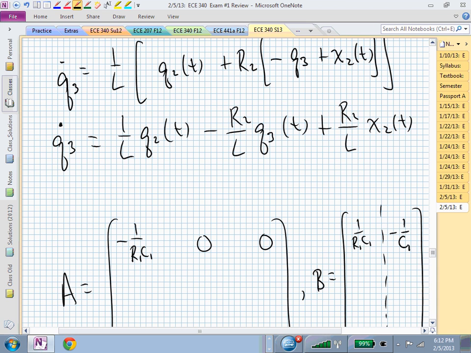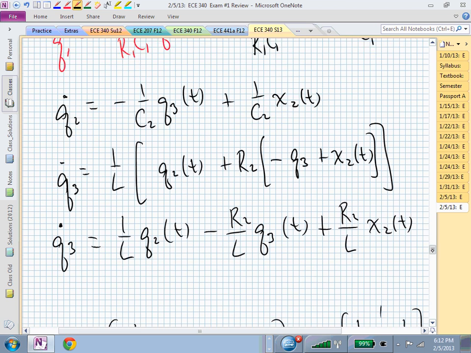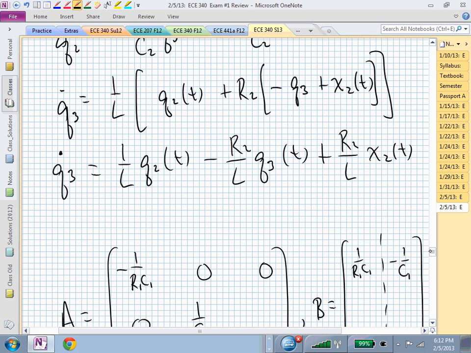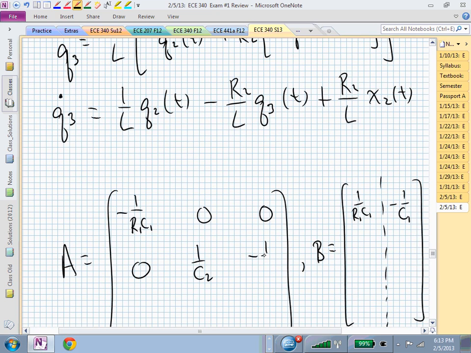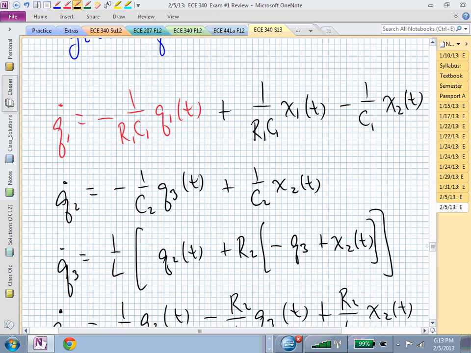Is everybody following that? Then my Q2 dot equation gives me my next one, which is 1 over C2 here, 0 there, and was it a minus 1 over C2 there, and I didn't have any x's in, oops.